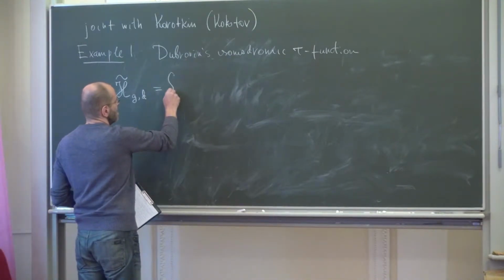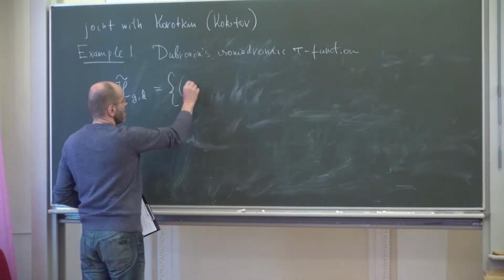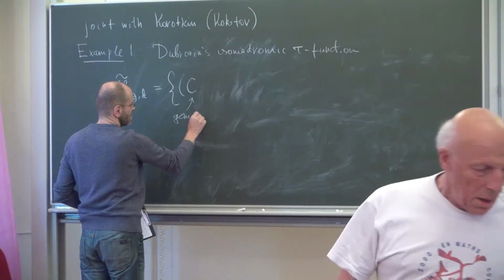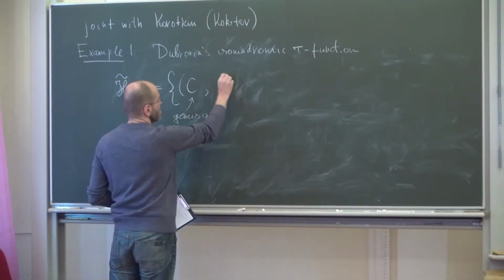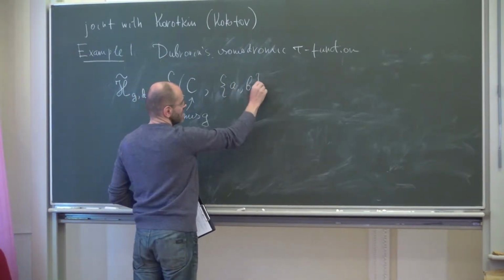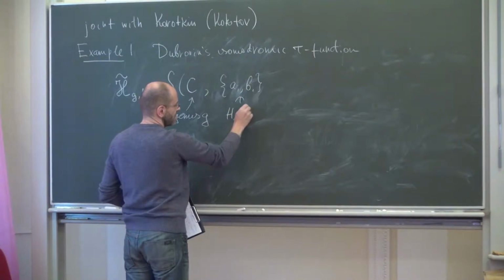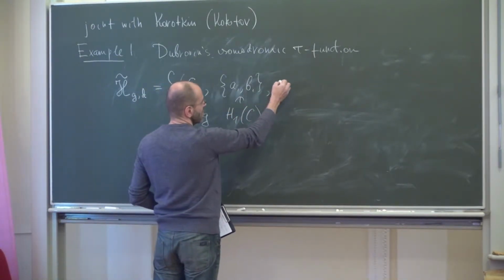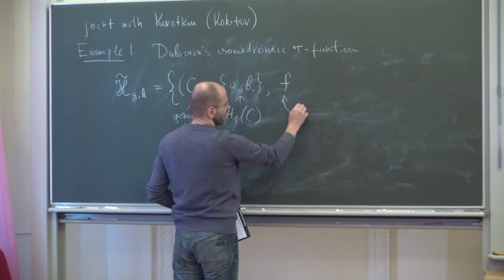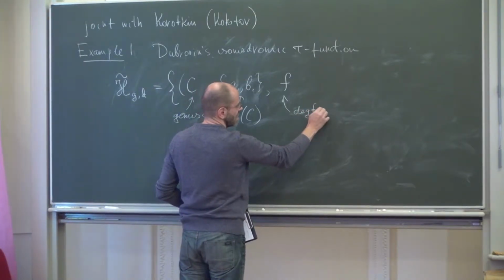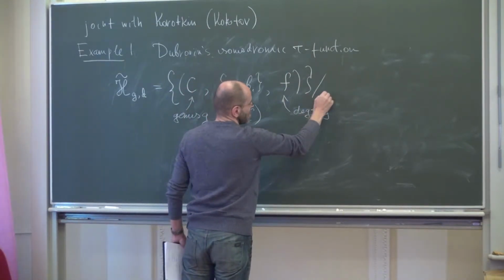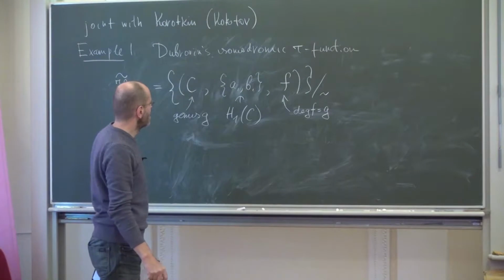This is the space of triples: a smooth curve of genus g, a canonical symplectic basis in the first homology group of C, and a meromorphic function of degree d on C. There is a natural equivalence relation: we identify isomorphic triples.